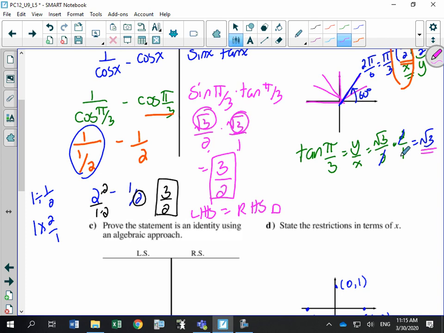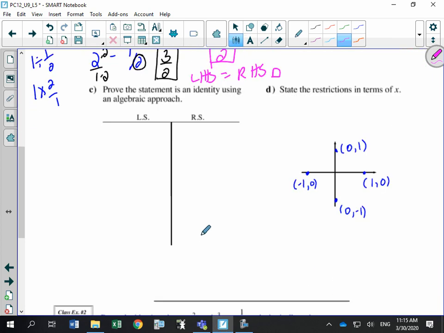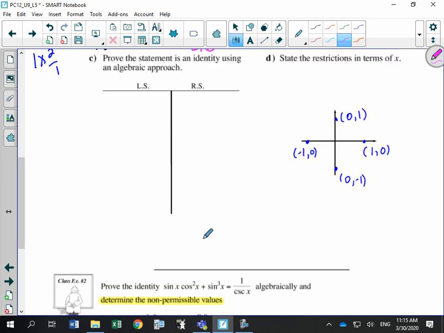Okay. Now what we're going to do for C is we're going to prove this statement is an identity using an algebraic approach. Okay, so what I want everybody to do is rewrite the left-hand side and the right-hand side, and then we'll use our quotient law and any of the identities to prove this.